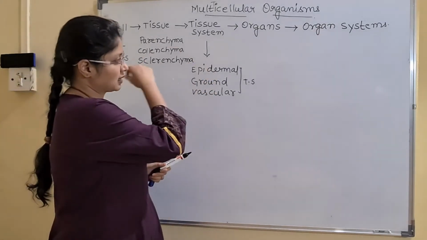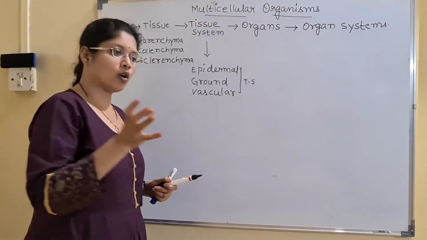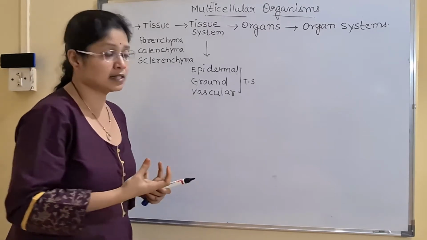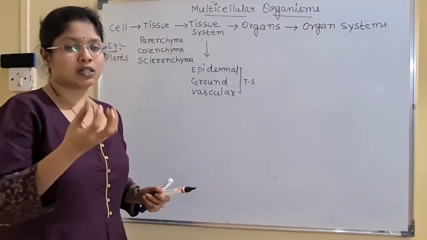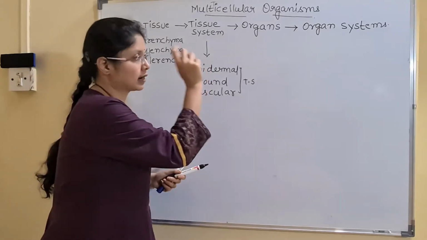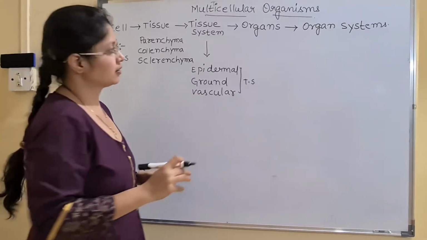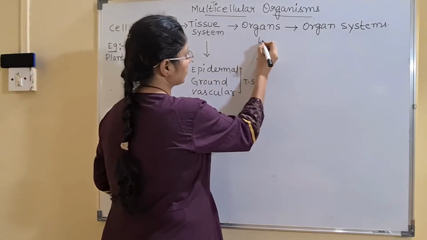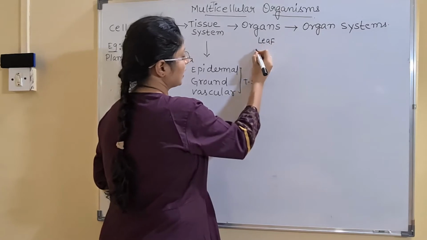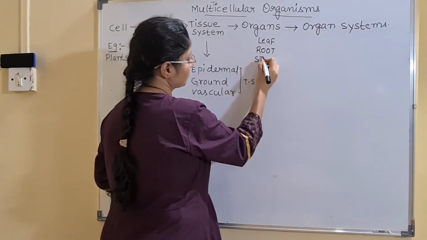Now what happens? All these tissue systems, 1 or 2 in combination or all the 3, are present inside a particular structure which has a specific function, that is an organ. So what are the organs present in the plant body, children? We have leaf, we have root, we have stem.